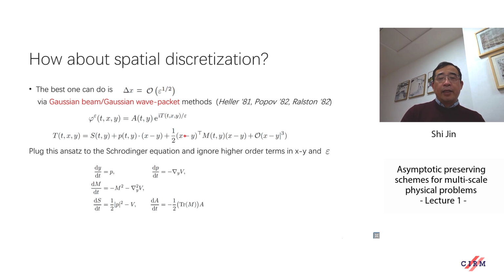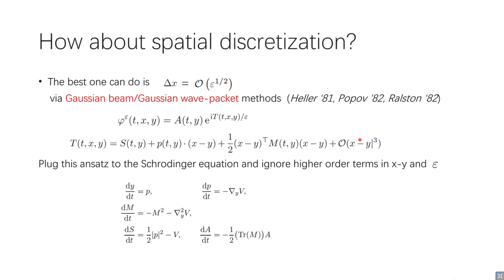And you plug this ansatz into the Schrodinger equation. You throw away the higher order terms in the Taylor expansion truncation, and also higher order terms in epsilon. Then you can get an evolution equation for this y, which is the center of this Gaussian beam, and also for this momentum, and also this Hessian matrix.